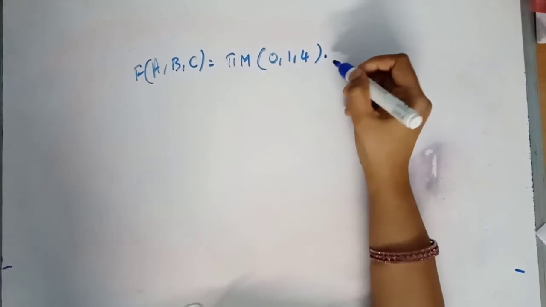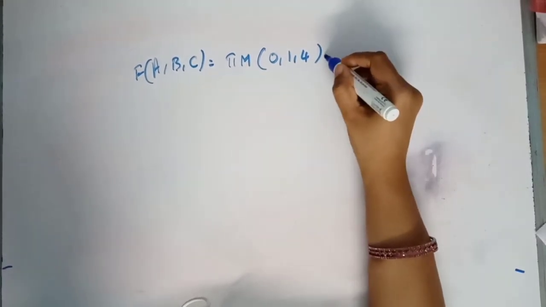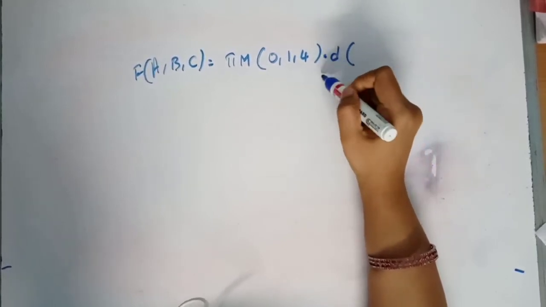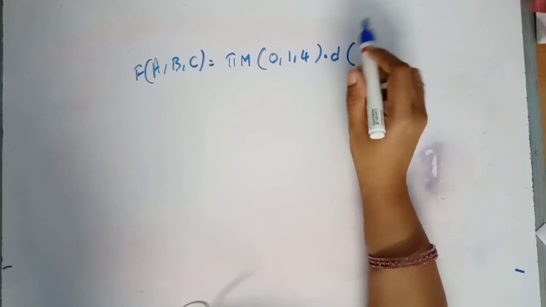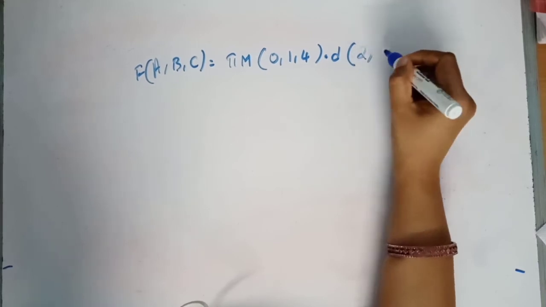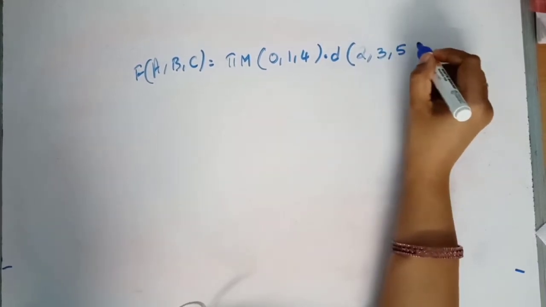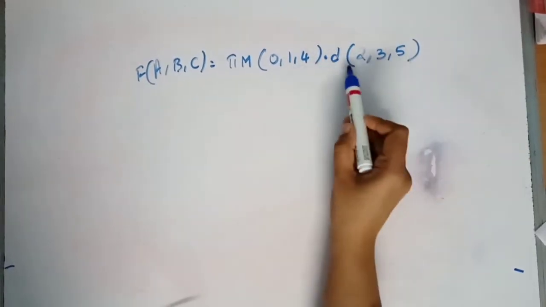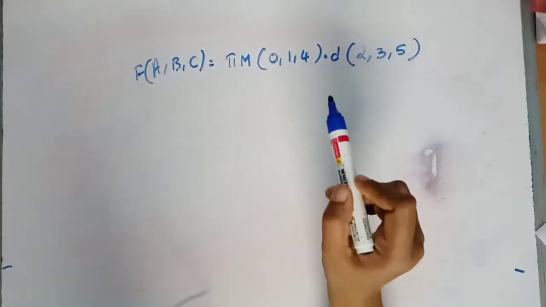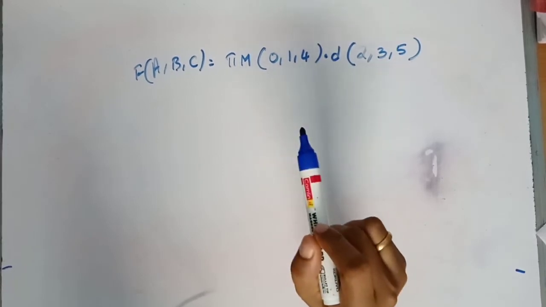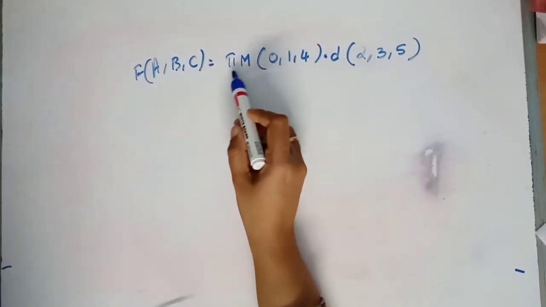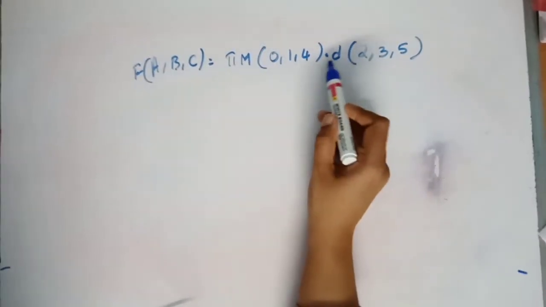In POS, the don't care is given as dot D. In the SOP, it was plus D. In the POS, it is dot D. See, the numbers here and here should not be the same. It will not be the same. You can't have a don't care and a 0 in the same cell. You can't have a don't care and a 1 in the same cell. Okay. So this is POS. Pi m will show it's a POS and here it is dot D.